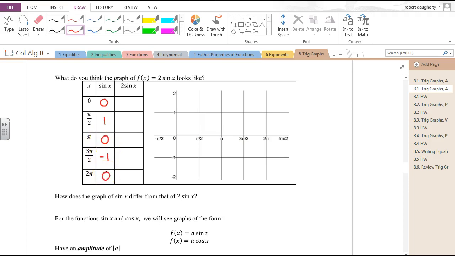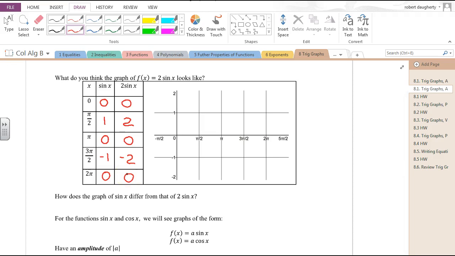Now, if I want to graph 2 sine of x, what's the difference between sine of x and 2 sine of x? Multiply by 2. What happens when you multiply this number by 2? 2. 0. Multiply that by 2. -2. Multiply that by 2. I get 0. Okay? So multiply the numbers by 2.